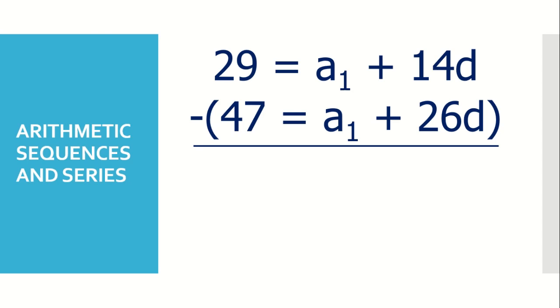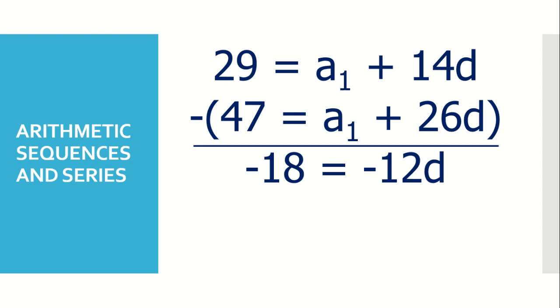So 29 minus 47 is equal to negative 18, and our a sub 1 minus a sub 1 will be cancelled, and 14 minus 26 would be negative 12, and copy D. So we have negative 18 is equal to negative 12D.